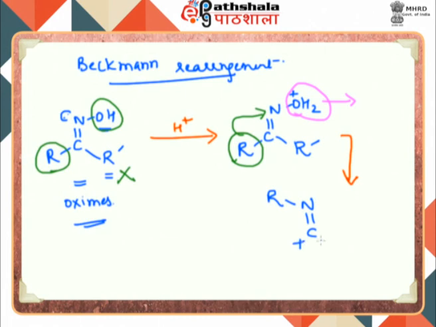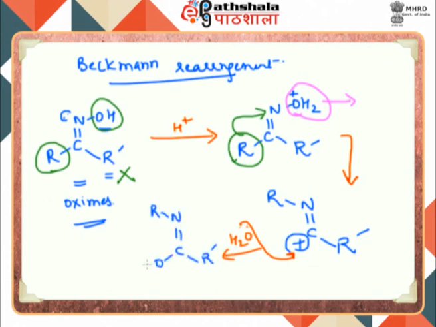Because the alkyl group has moved here, there will be formation of this carbocation, and from the medium, water will again attack at this carbon, and we have the formation of this, from which deprotonation and subsequently enolization happens, and we get the formation of the amide.